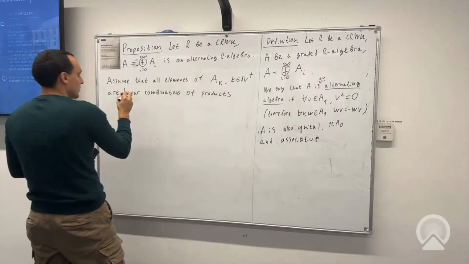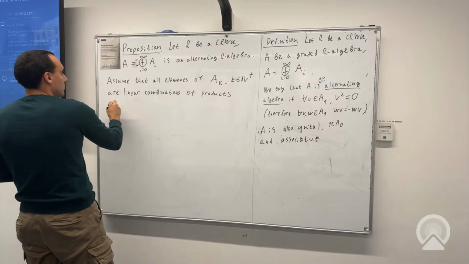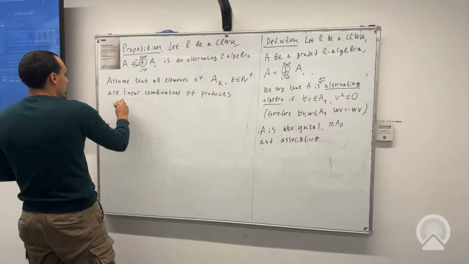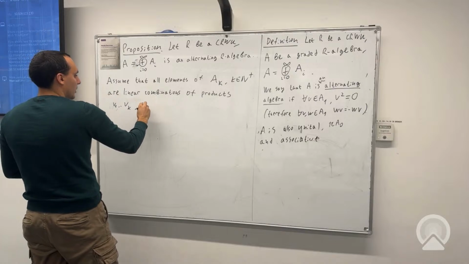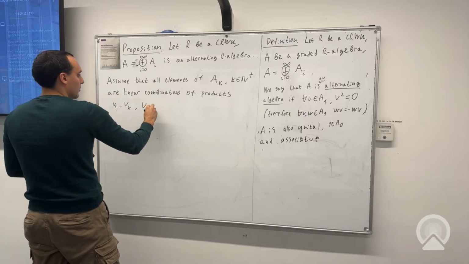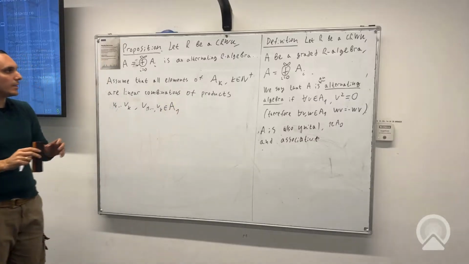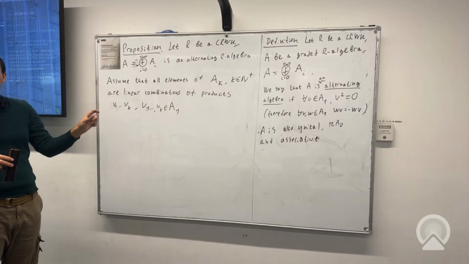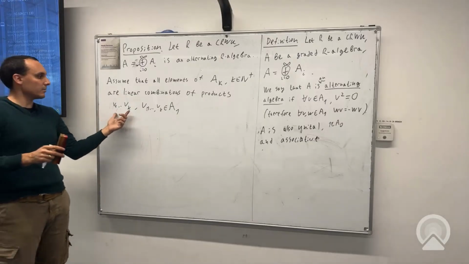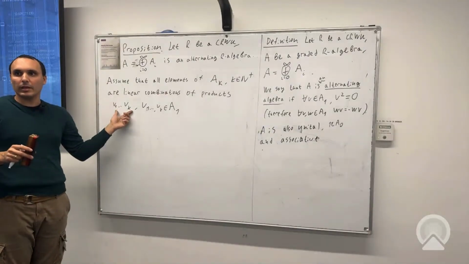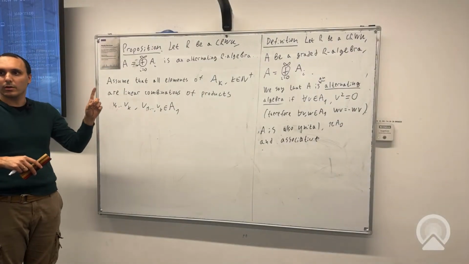So for instance, V1 times Vk, where V1 to Vk are in A1. So any element of degree K can be represented as a sum of things of degree 1. Like any polynomial of degree n is a sum of products of polynomials of degree 1.